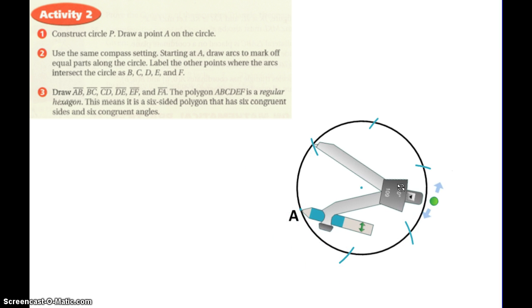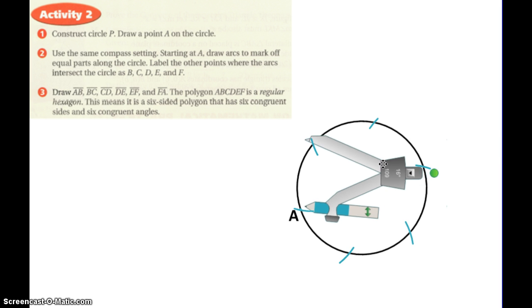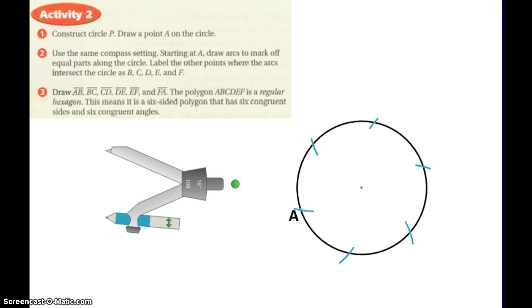And then when you get to the last one, it should be precisely on your point A. So now all you have to do is connect everywhere that your arc intersected with the circle. So connect each of these vertices. Alright, there we go. And what we have here is an inscribed regular hexagon inside of a circle.